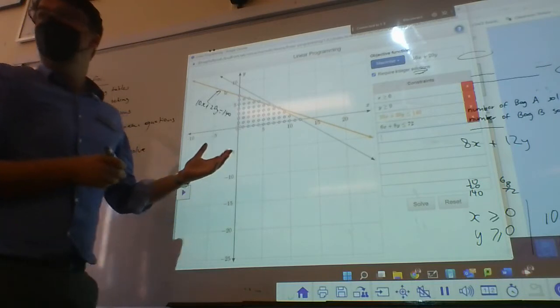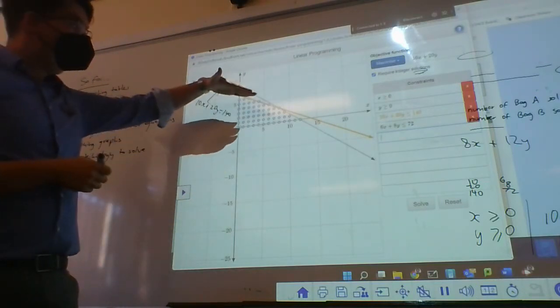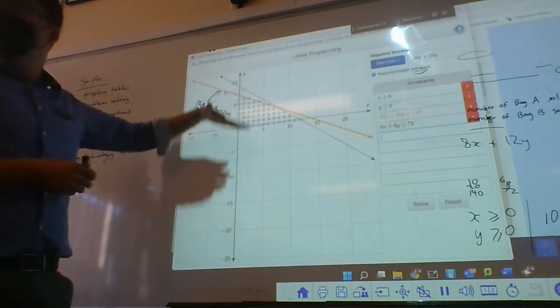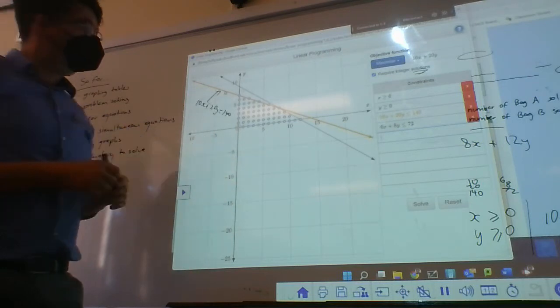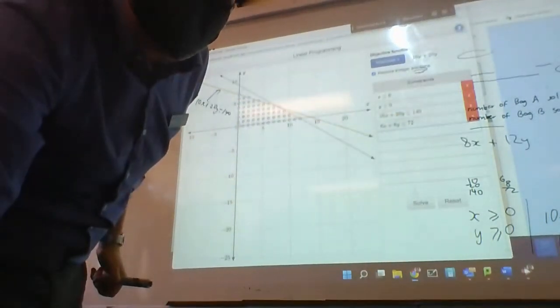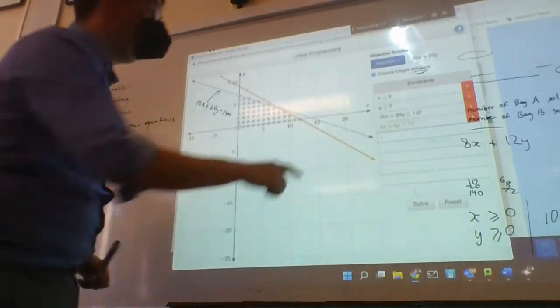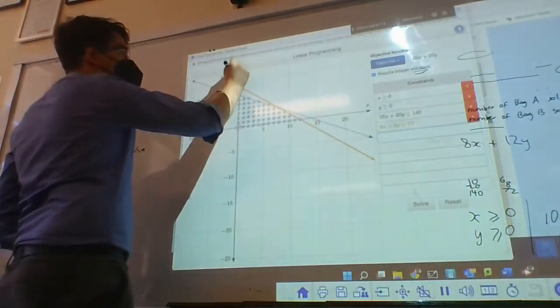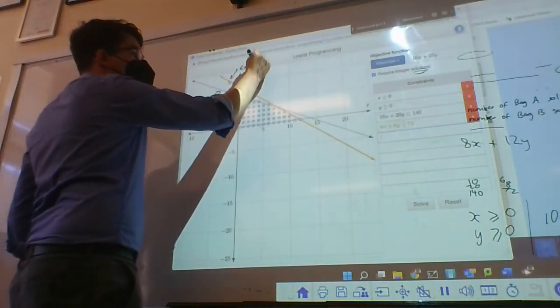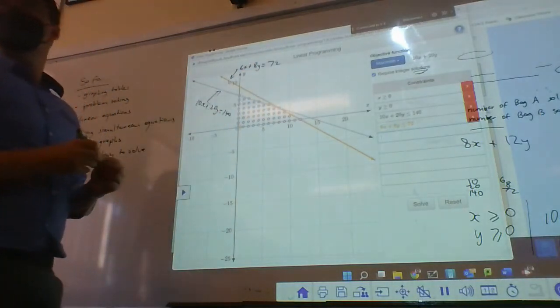That's that line. But the area that's less than it is all of this below it. This other line here, see how it highlights it? 6x plus 8y equals 72. That's that one there.